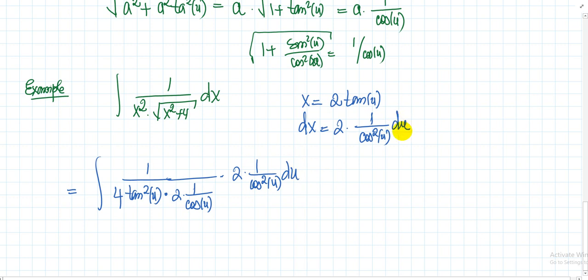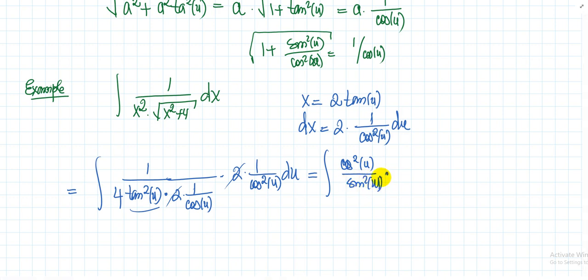Right? Let's try to simplify everything. So the 2 and 2 will be cancelled. Let me write 1 over tangent square of u is the cotangent square, or simply cosine square of u divided by sine square of u, okay? Multiplied by 1 over cosine of u, it becomes simply cosine of u, right?